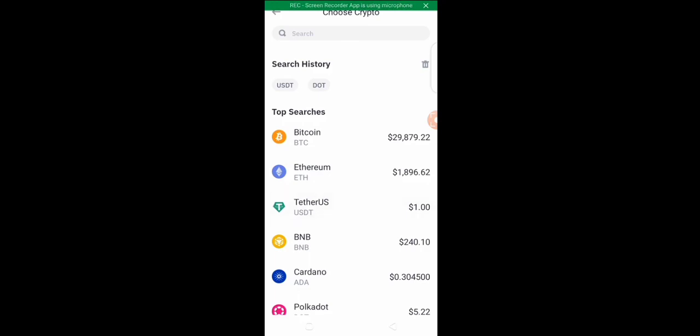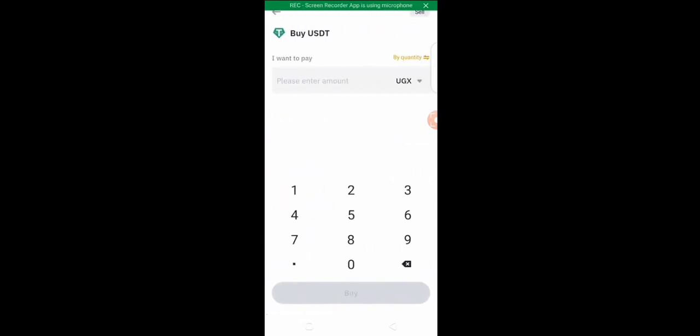You tap that, and it indicates that one USD Tether is the same as one US dollar. So here you put the amount of Uganda shillings you want to use to buy.